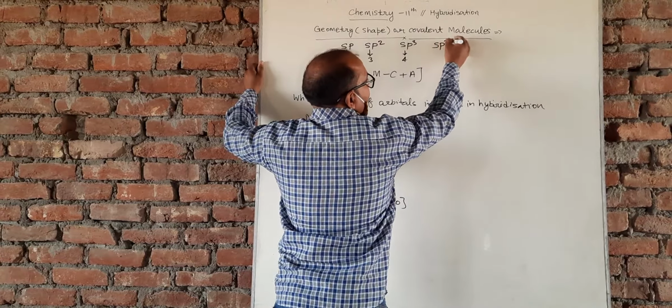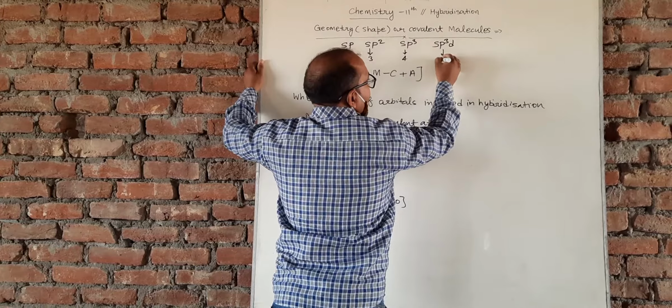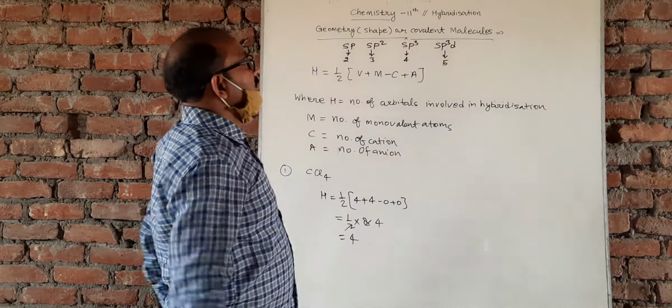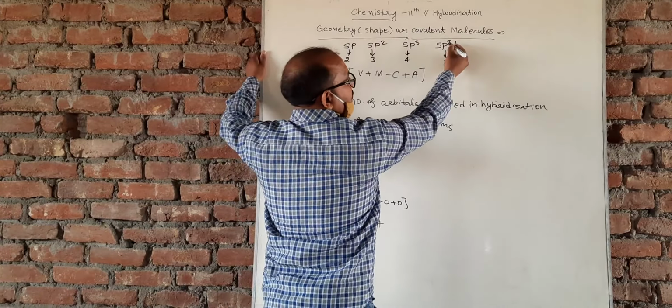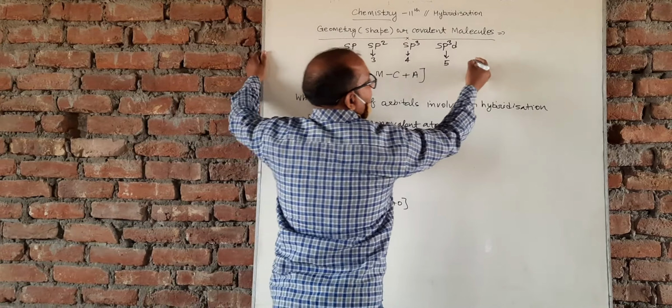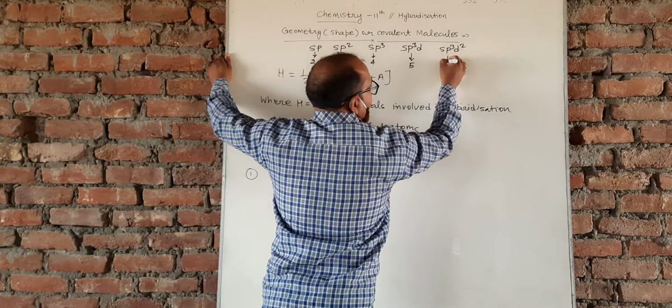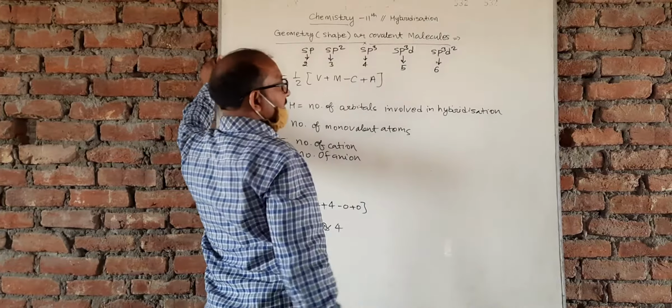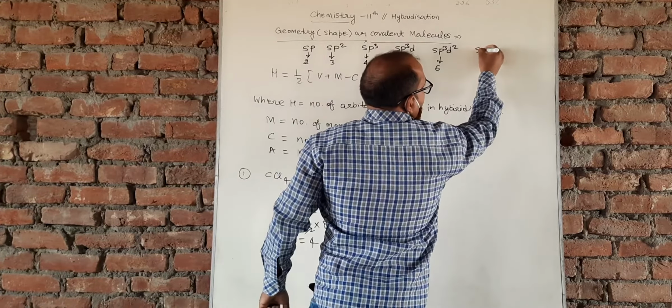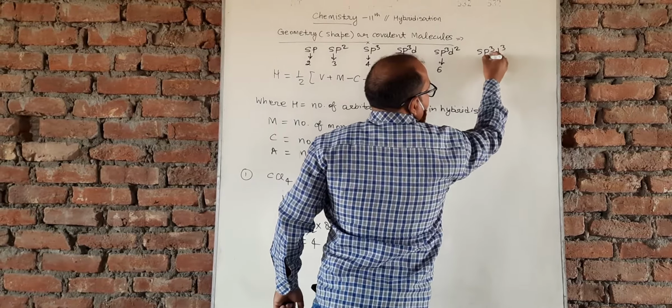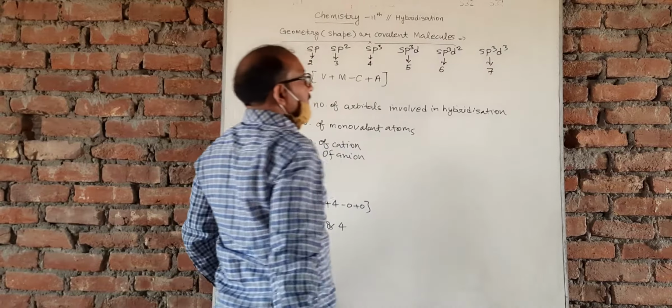Next, sp3d hybridization has the value 5, and sp3d2 has the value 6, and sp3d3 has the value 7.